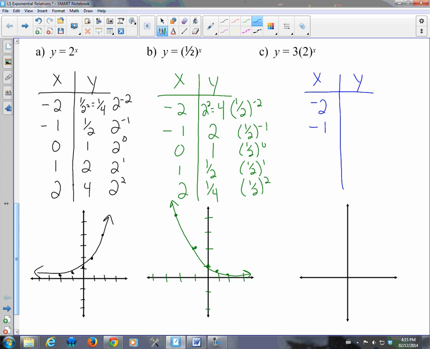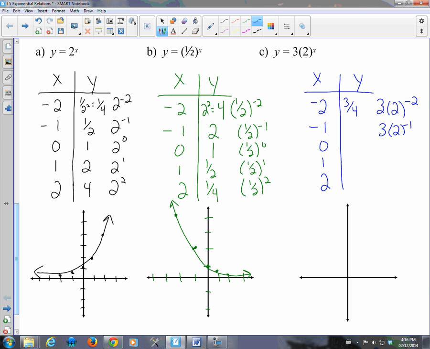Pick numbers for x. So I have 3 times 2 to the exponent -2. 2 to the exponent -2 we already did. It's a quarter. And 3 times a quarter is 3/4 or 0.75. And I do 3 times 2 to the negative 1. 2 to the negative 1 is a half.